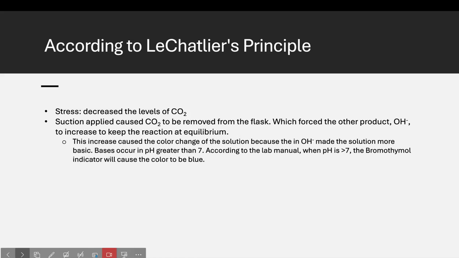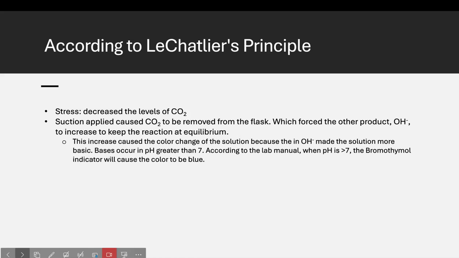So because of this, the OH, which is the other product, will have to increase in order to keep the equilibrium. This increase actually caused the color change of the solution to be more and more blue because OH is a base, and thus the increase in the base would cause a more blue color versus the yellow color.